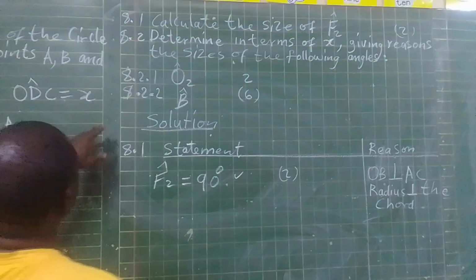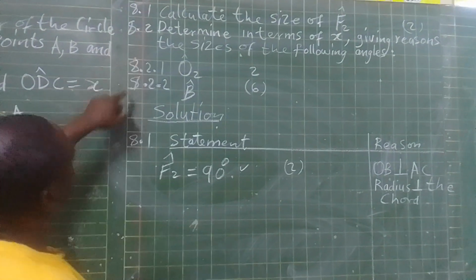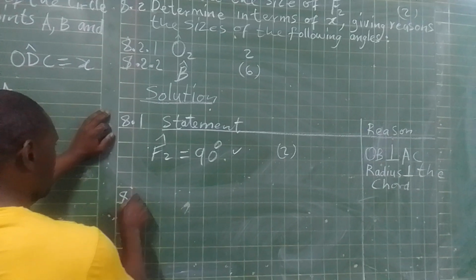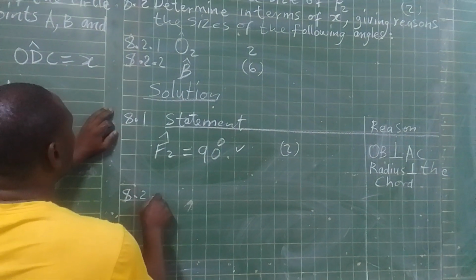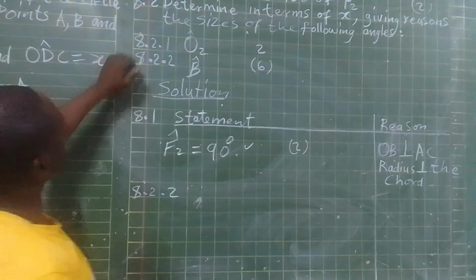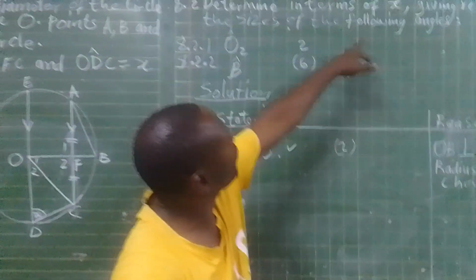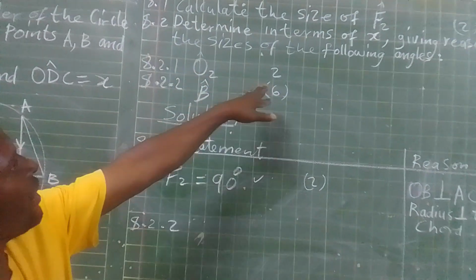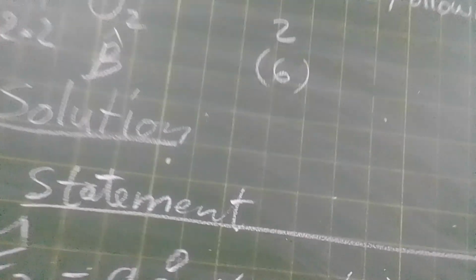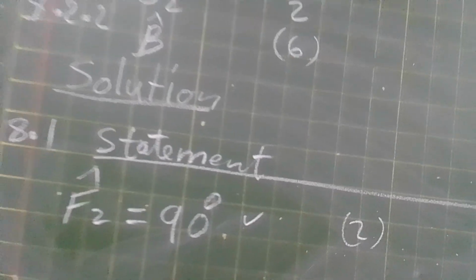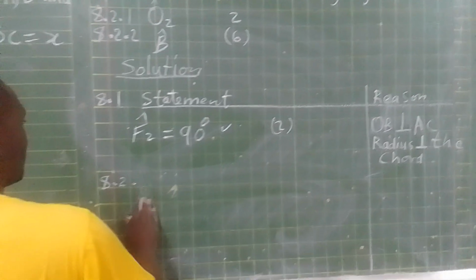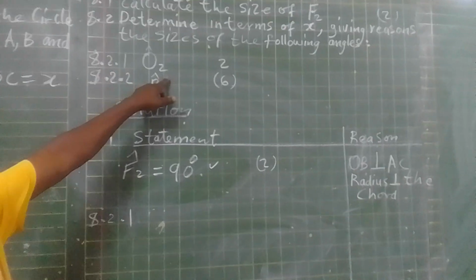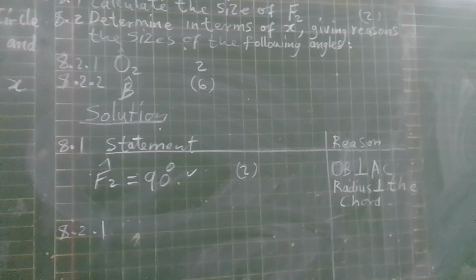We come to question 8.2. 8.2 says determine in terms of X, giving reasons, the sizes of the following angles. 8.2.1 says O2, find the size of O2 for 2 marks.